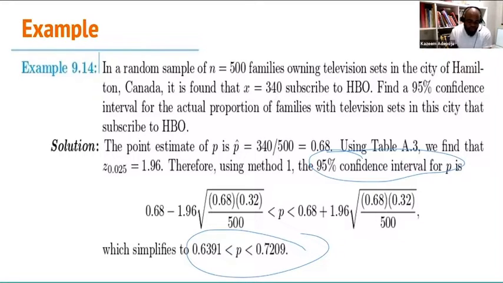So you can interpret that in terms of proportion, which is 0.6391 to 0.7209, or you multiply by 100 if you want to interpret that in terms of percentage. But you know what? Whenever you want to interpret that, you need to mention the level of confidence given.